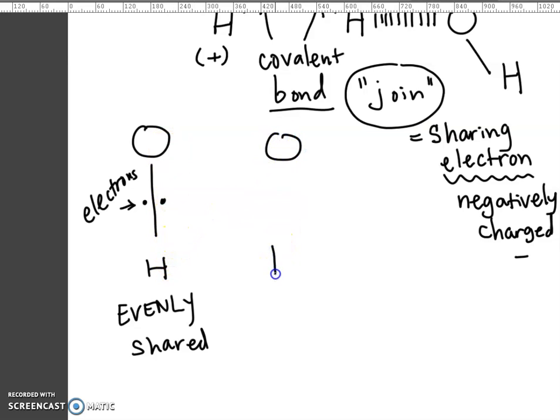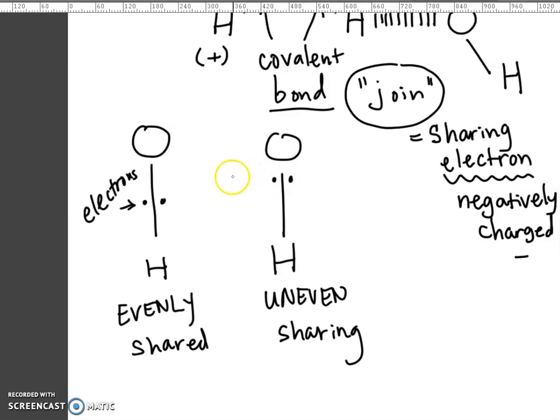However, if the oxygen and the hydrogen do not share them equally, so this is now an uneven sharing of electrons, then the electrons are closer to the oxygen than they are to the hydrogen.